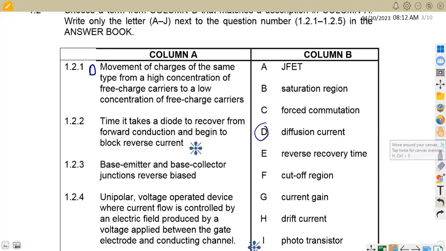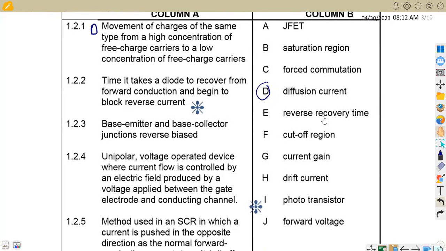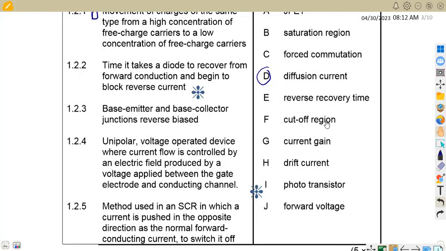1.2.2: The time it takes a diode to recover from forward conduction and begin to block reverse current, or the time that is taken by a diode to recover from forward conduction.